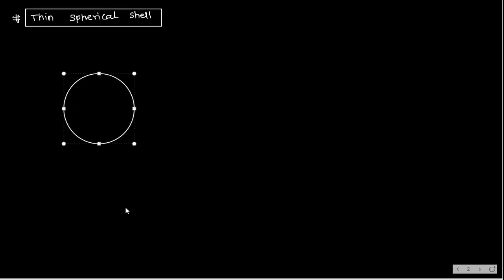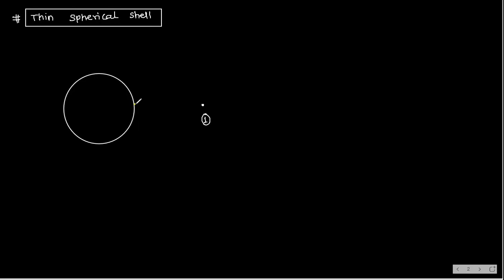And there are three conditions. When the point is outside. Next case is suppose on the shell, and third one is inside the shell. Suppose this is case number 1, outside the shell.